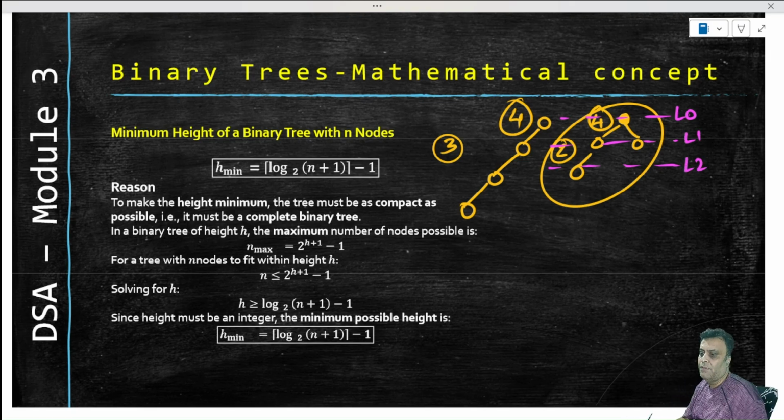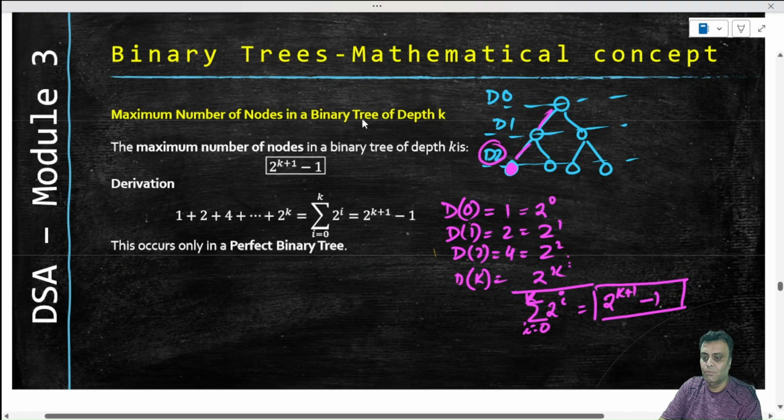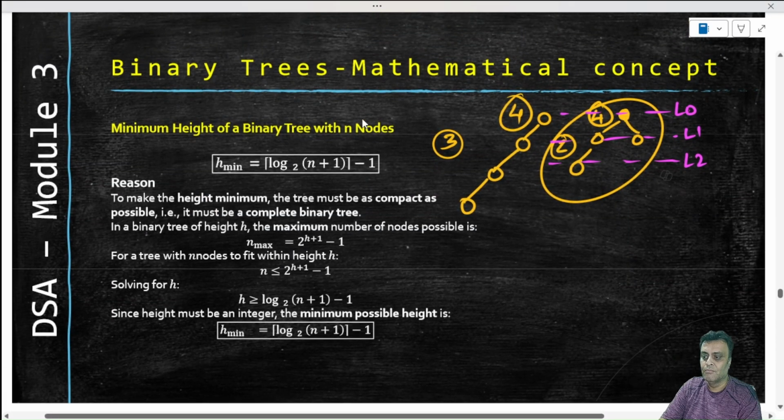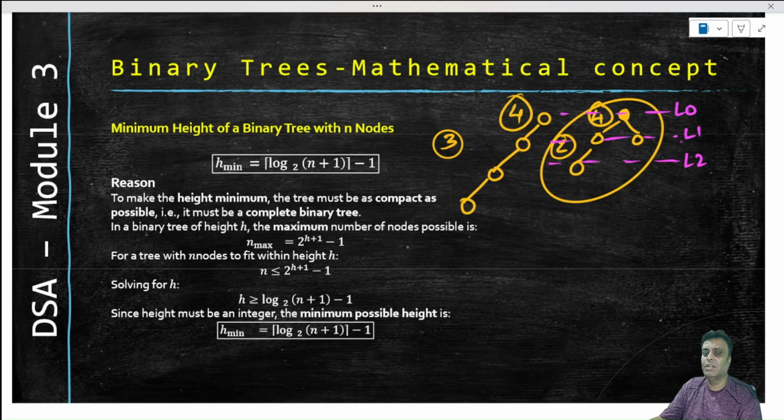So the formula that we had earlier was 2 to the power k plus 1 minus 1 as the total number of nodes, where k is the total number of levels.